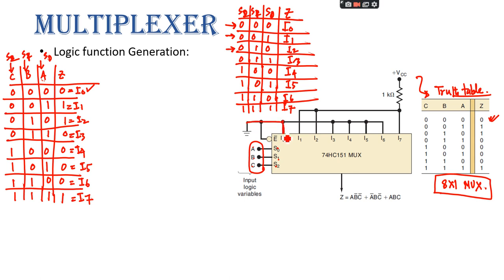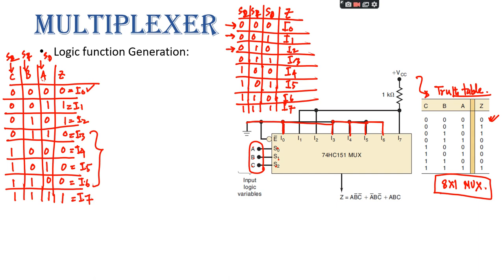Similarly, what are the other inputs that are kept at 0 potential? I3, I4, I5, and then I6.